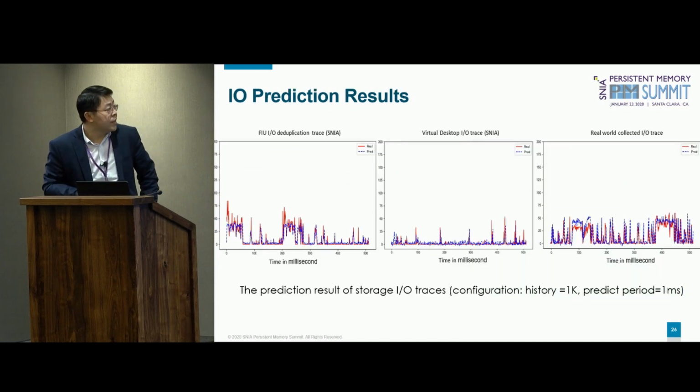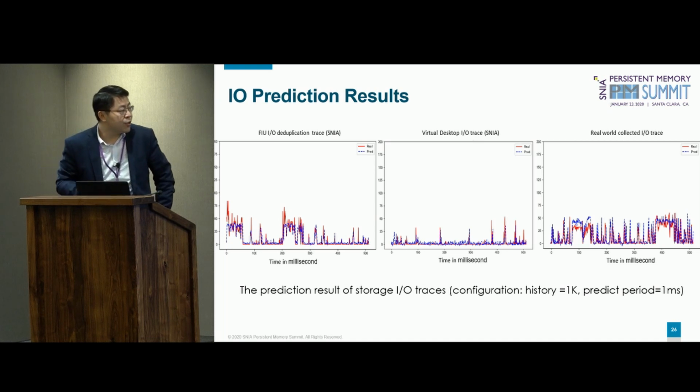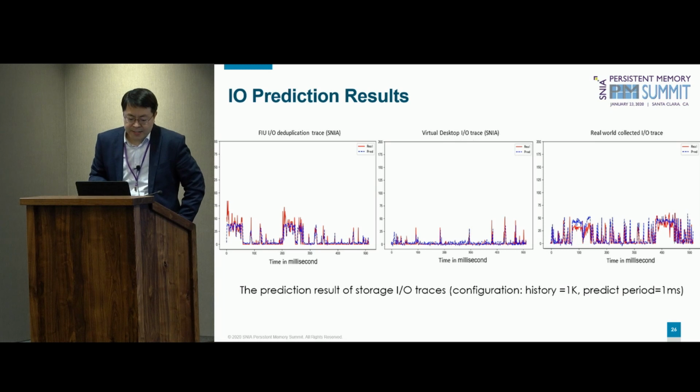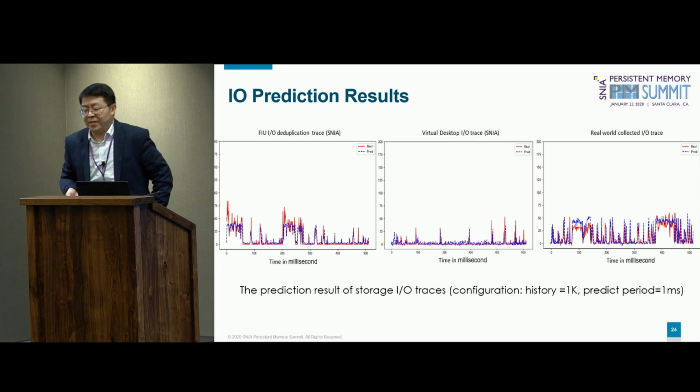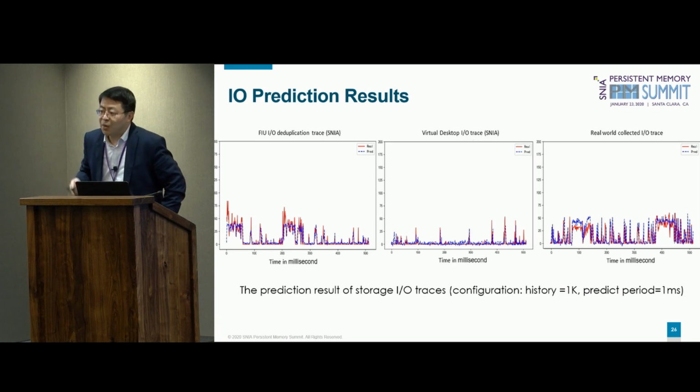So the I/O we got is from the SNIA and also the real world. And so you can see that the red curve is real I/O intensity, and the blue one is the prediction result. So it matches very well. But again, it needs compute.